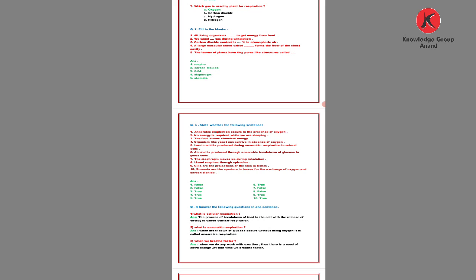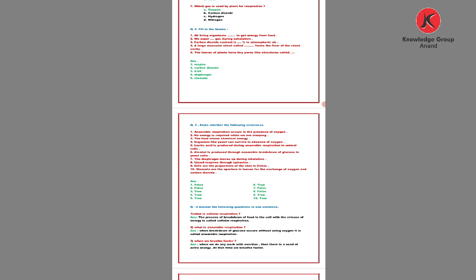Next, seventh one. The diaphragm moves up during inhalation. It's false. Now, next one. Lizards respire through spiracles.